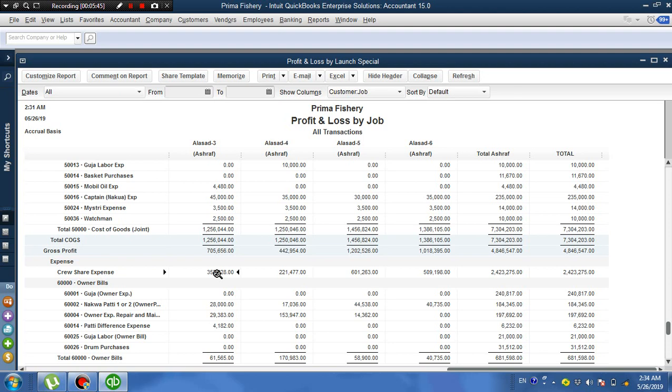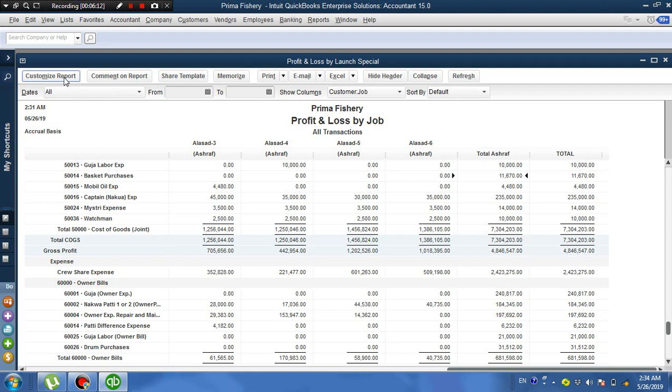So as we have seen the profit and loss job wise, let's see one more job of a boat. Job wise profit and loss of a boat in which a customer, the broker, or you can say the distributor, will be different.